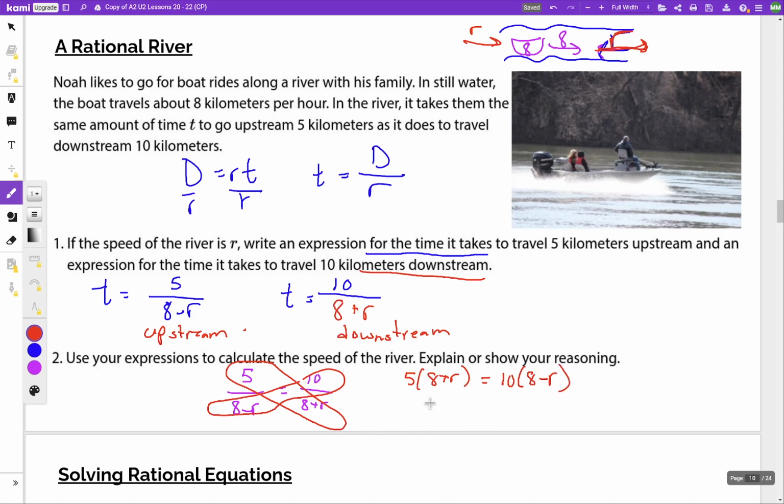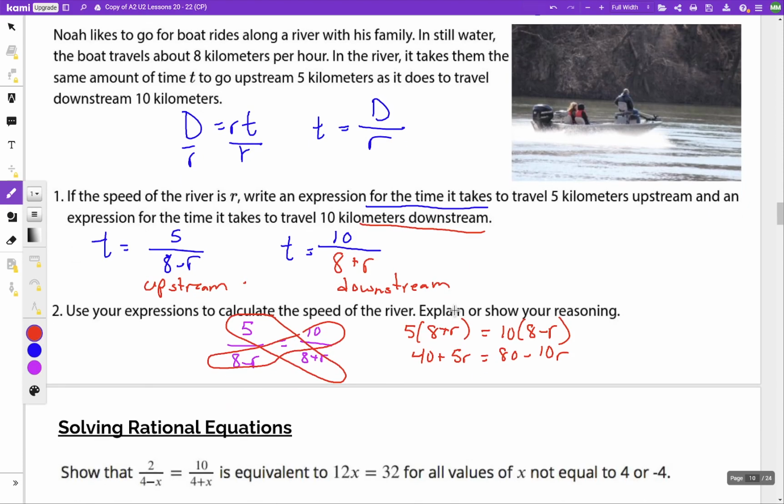I think we could solve that equation. That's an Algebra 1 equation. 40 plus 5r equals 80 minus 10r. Excellent. Now, all we have to do is just keep going. Let's see, what should we do here?